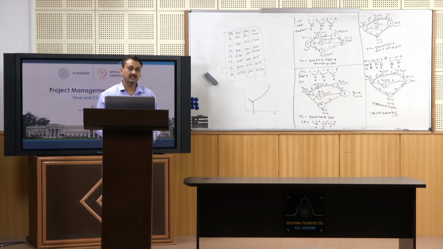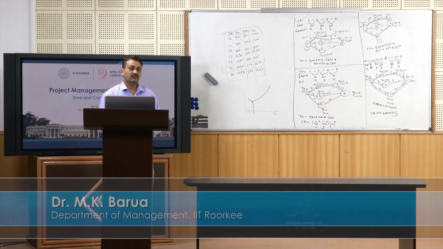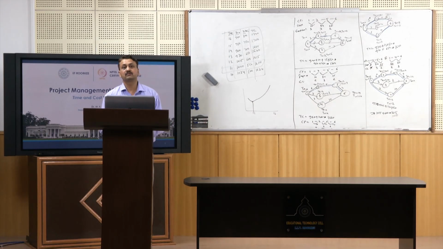So what we have done here, first of all we calculated slope for all the activities, then we found the critical path, and for reduction in duration of the total project we selected those critical activities along the critical path for which slope was least, right, and we then reduced its duration by 1 day.